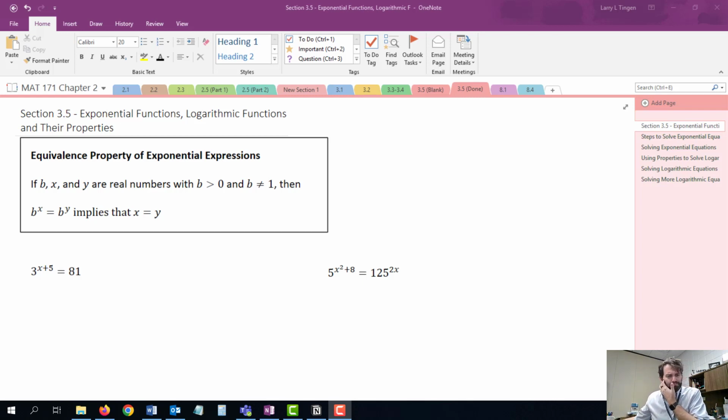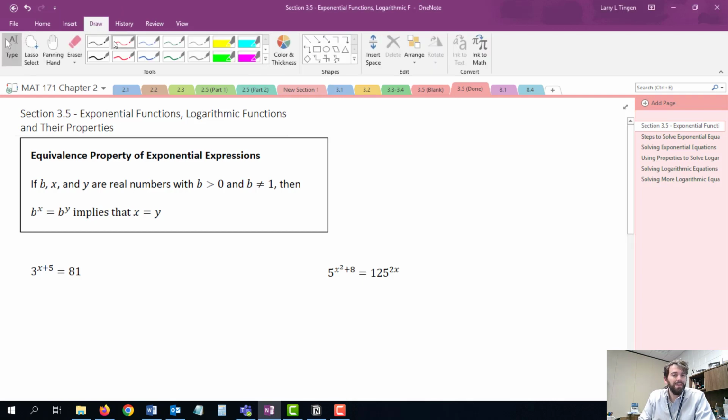This is a refresher. The equivalence property says if I have the same base on both sides, and the base is raised on each side, each base has an exponent, then the exponents are equal. So these two problems you have seen already, but just a reminder, in case it's been a minute.